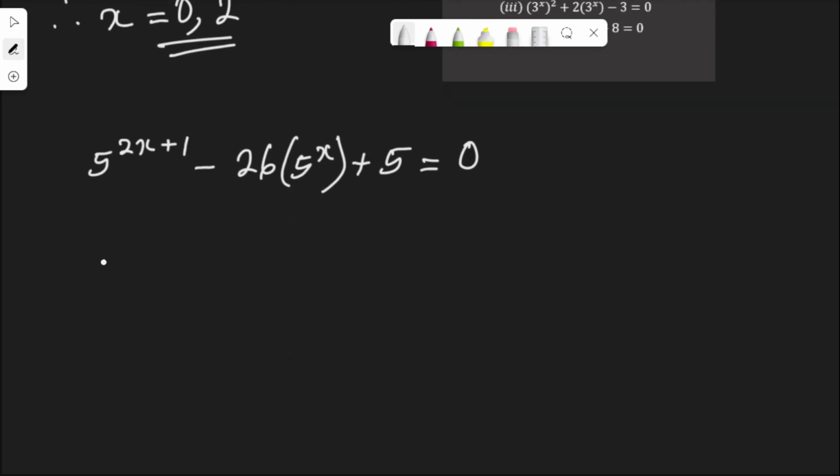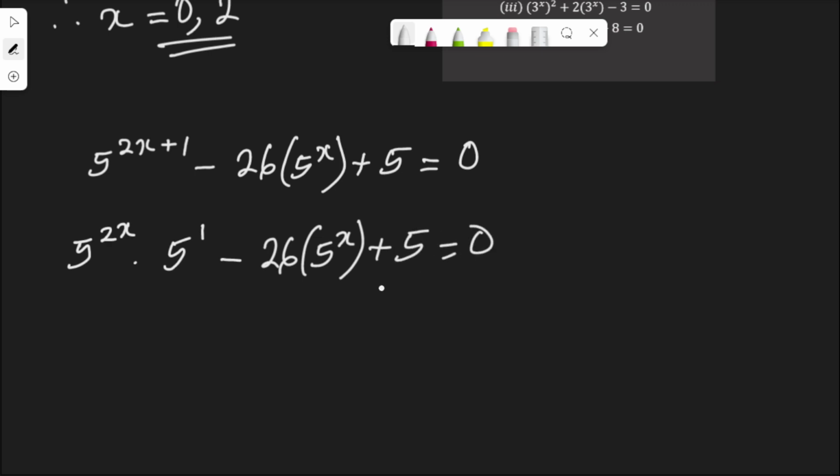This first term here, we can write it as 5 to the power of 2x multiplied by 5 to the power of 1, minus 26 multiplied by 5 to the power of x plus 5 equal to 0. Where did you get this from? Because the law of indices says a to the power of x multiplied by a to the power of y is a to the power of x plus y.